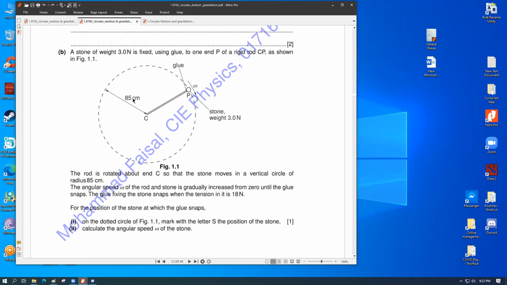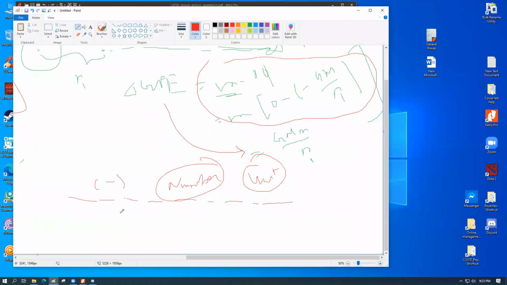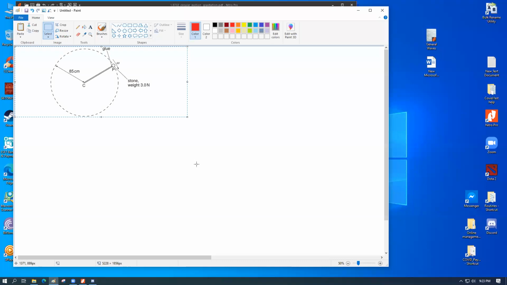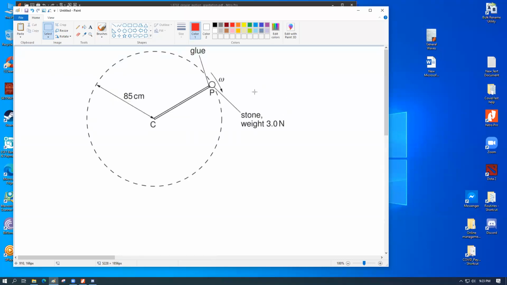So for this case, that location should be located here.